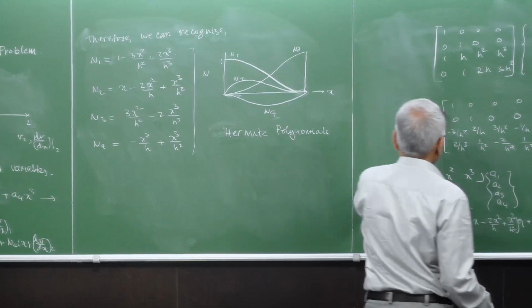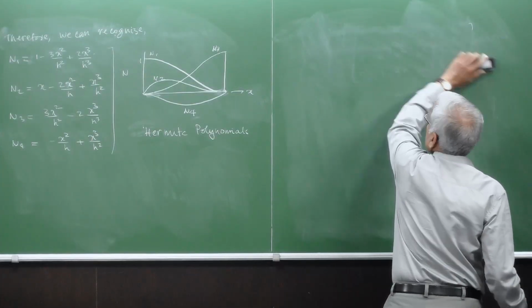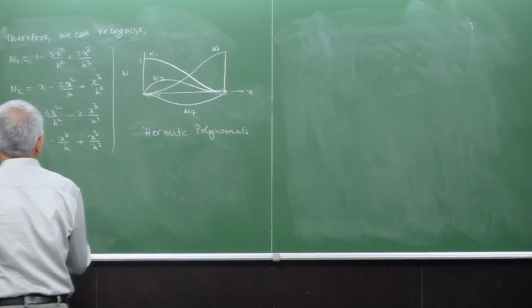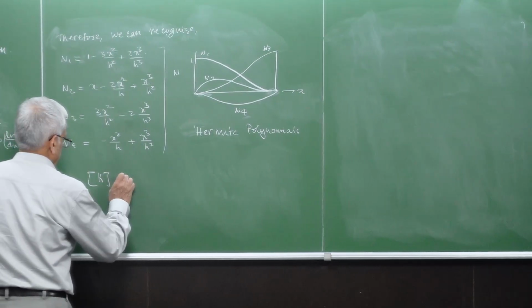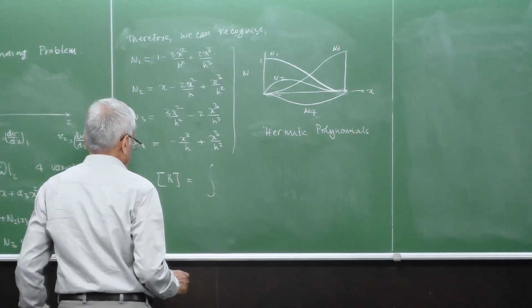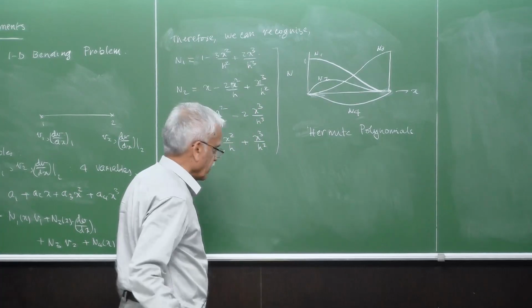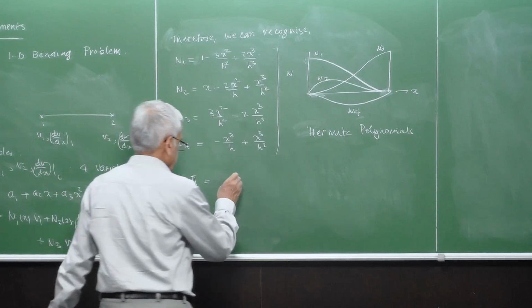So now if you want to find out the stiffness matrix, what is it that we need here? So it is K times, what is that? Half. We have the potential energy here. So let's first of all formulate the potential energy, then we go for it.